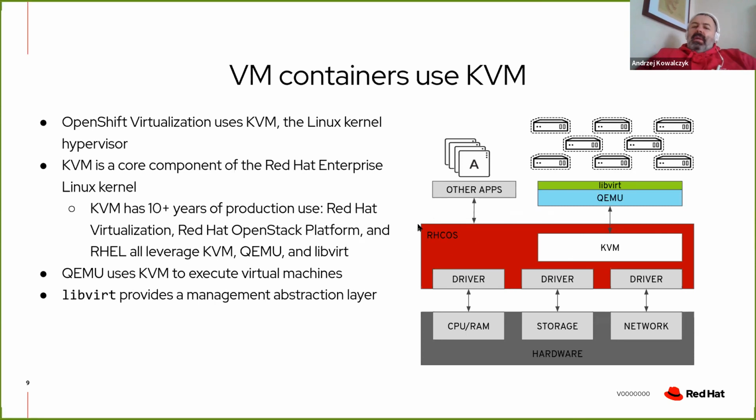You see, this is the Red Hat CoreOS operating system. It is crucial to understand that your VM must run inside a container, because Red Hat CoreOS is not a general-purpose RHEL. It's Linux that is dedicated to running containerized load.